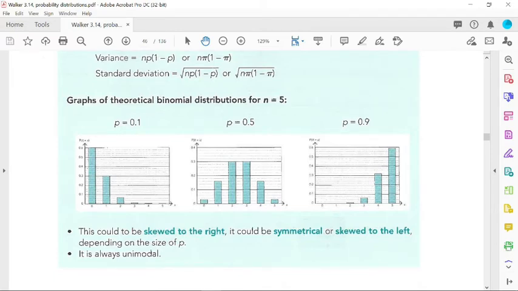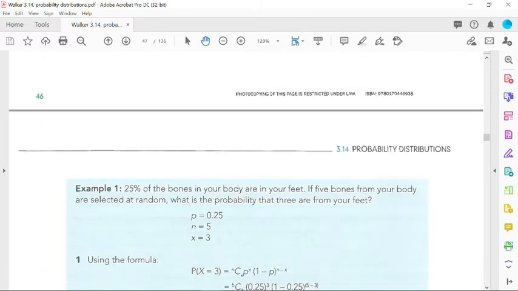So lots of different types of distributions here. So you can't really tell that it's a binomial distribution by simply looking at the graph like you can a Poisson. So be careful. It is always unimodal, which confuses me because if you look at this one, 2 and 3 have the same mode, but oh well, I don't understand. I'll get back to you maybe.